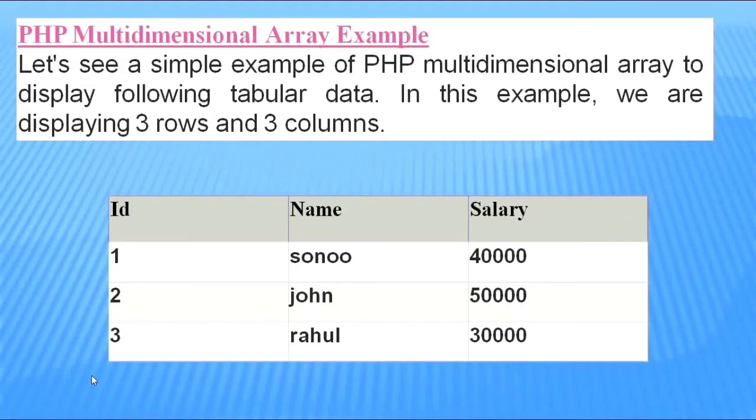To display the following tabular data, in this example we are displaying 3 rows and 3 columns. So the number of rows is 3. The columns is 3. ID number 1, name Sonu, salary 40,000. ID number 2, name John, salary 50,000. ID number 3, name Rahul, salary 30,000. So output is displayed in this model. Okay, this is the tabular format.